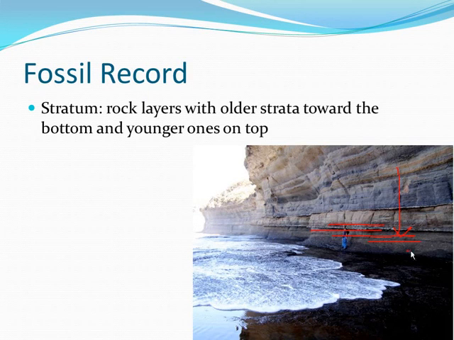So the ones that are lower down, are they going to be older or younger? Older, yes, because as new sediment lies on top of it, the further you go up, the younger things are, because the sediment settles on top of the older sediments. And so those that are lower here will be older, and then the younger ones will be higher up.